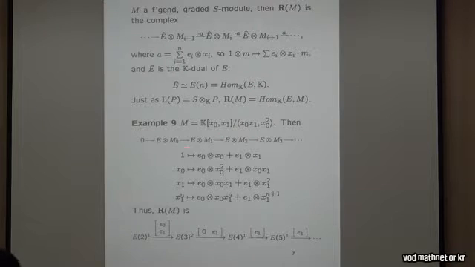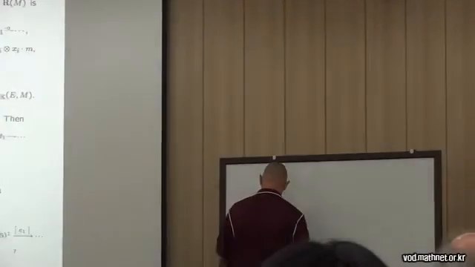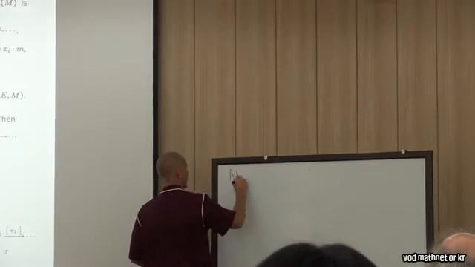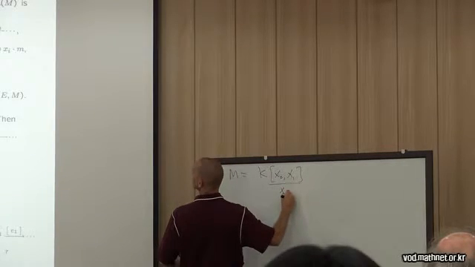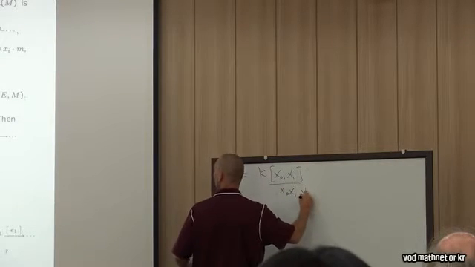So the exact same process. So 1, the unit here of S, goes to E0 X0, E1 X1. But now in terms of the bases for S, or for my module M, maybe I write it over here. So here, my module M is K of X0, X1, mod X0 X1, X0 squared.